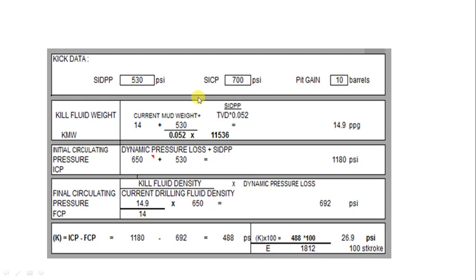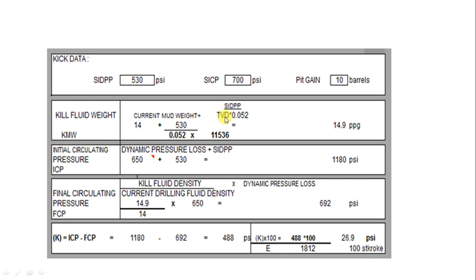Okay, this is great. Now, what is the kill mud weight? Here, he gives you the formula. The current mud weight, which is 14, plus the shut-in drill pipe pressure, 530, divided by the true vertical depth of the bit. True vertical depth here means the bit vertical depth, not the shoe.